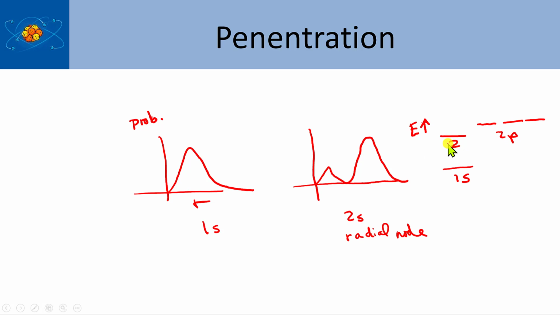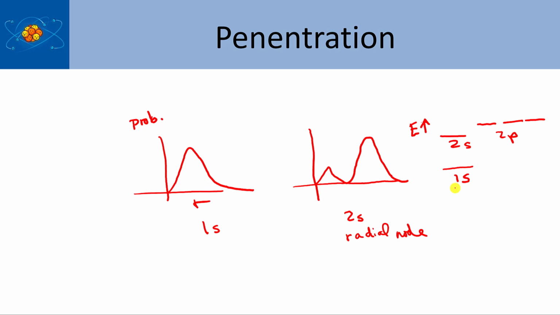It's lower because of the penetration factor, that it can sort of get to the middle of the nucleus and stay there. Because of the radial node, it has electron density inside the location of where you'd expect to find the 2p orbital.